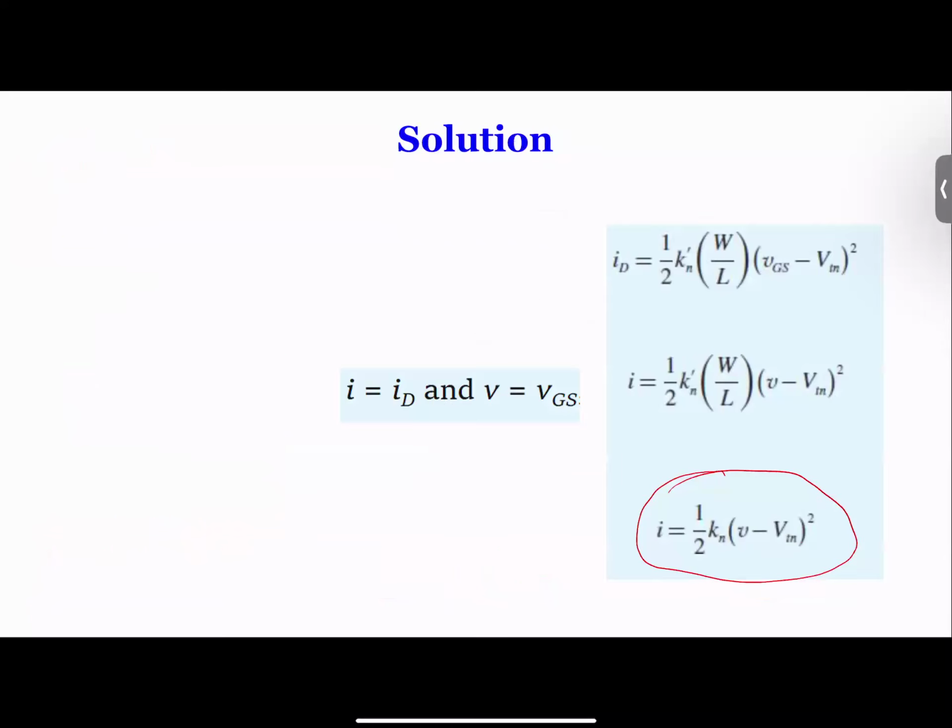Basically, guys, we have to imagine this, otherwise this equation doesn't make any sense. When VDS is VTN, ID actually goes to 0. Once it goes above VTN, you're going to have this value going up.